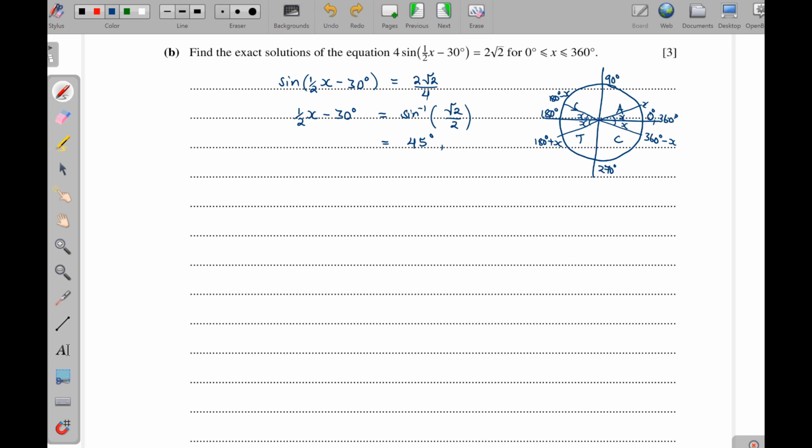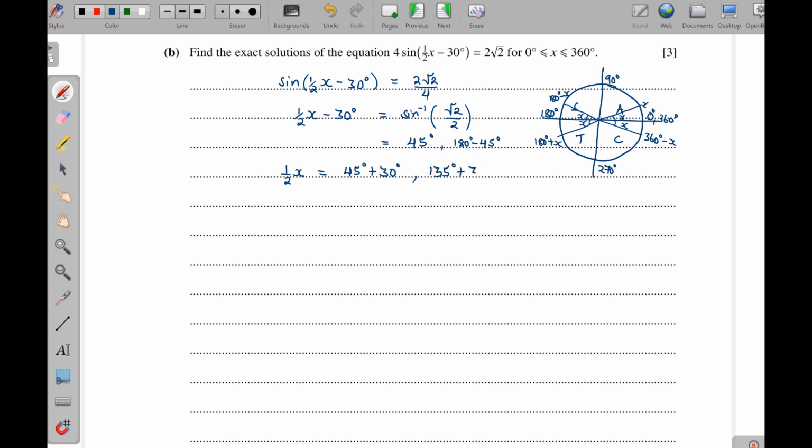Okay, so we shall have 180 minus the 45. Because this one is positive, if it were negative, then we would have picked from here, the third quadrant and the fourth quadrant. Okay, then from there, our x here, this is a half of x, will equal to 45 plus the 30, and then this one is going to give us 75. Then 135, yes, 135 degrees.